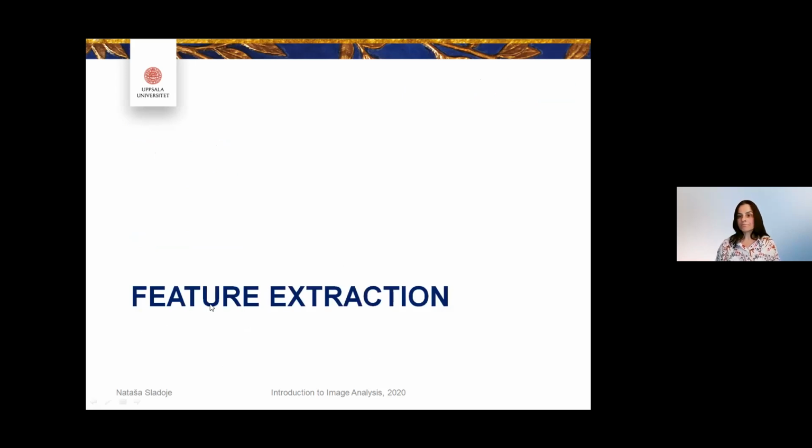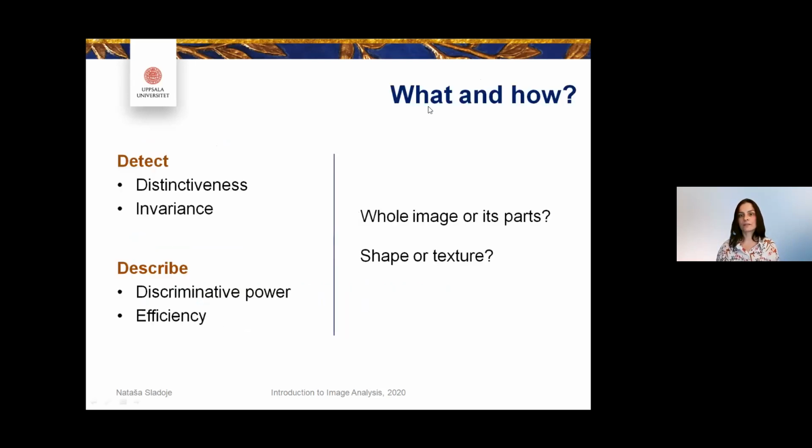So if I'm giving a very high level idea of feature extraction and what and how, I can say that feature extraction is usually seen as consisting of two main steps. One is to detect the features, and the second one is to describe these detected features. When we are detecting the features, we are aiming for distinctiveness.